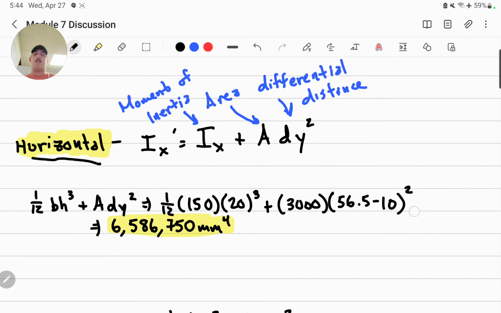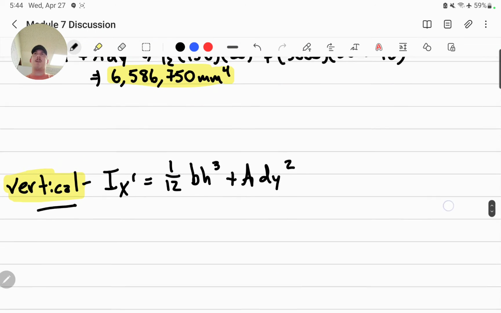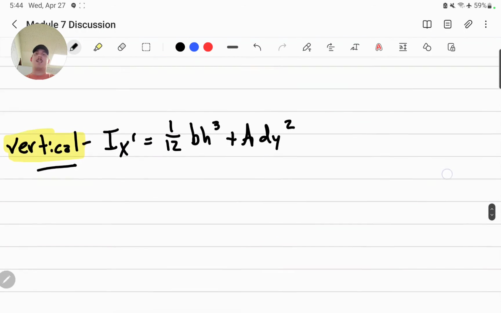Now I'm going to move on to the vertical part. Same concept. It's not rocket science.